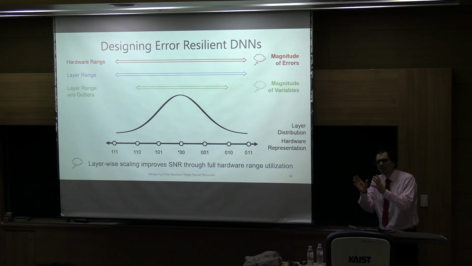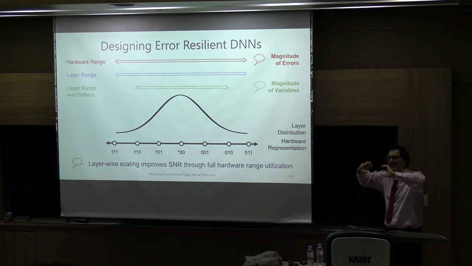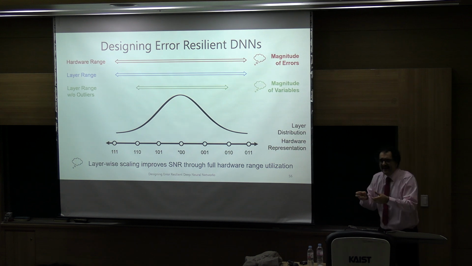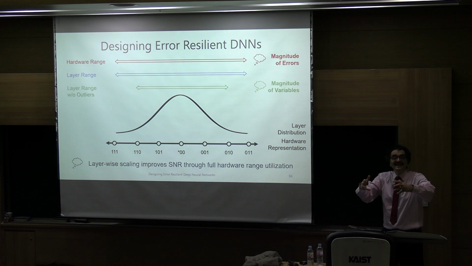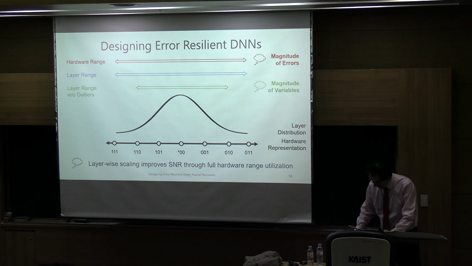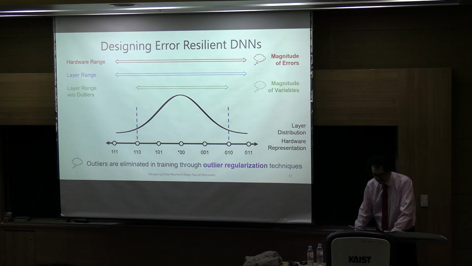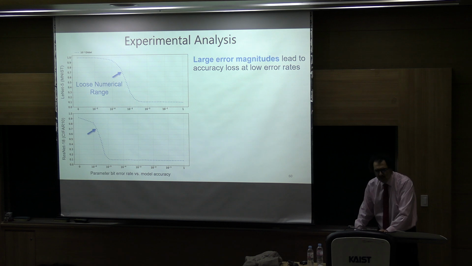And number two, we want to get rid of the outliers during training and push the system toward less outlier representation, so that you don't have to stretch the representation range and make things vulnerable to errors. These are the basic ideas.